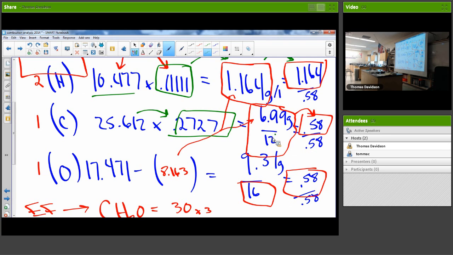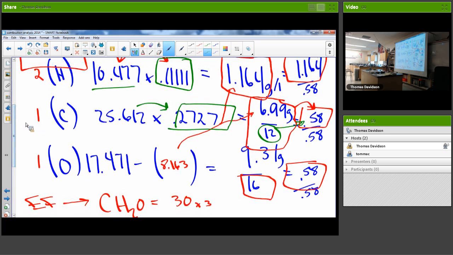This one, though, that was grams, so I divided it by 12 while I was there, and I got that number, and that was my moles. Okay? A lot of people, first hour, that got this wrong, they kept 0.699. They forgot to divide by 12. Then to find my oxygen, I took my initial given amount of my CHO, and then I took the total of my grams H and my grams C, and I subtracted it.